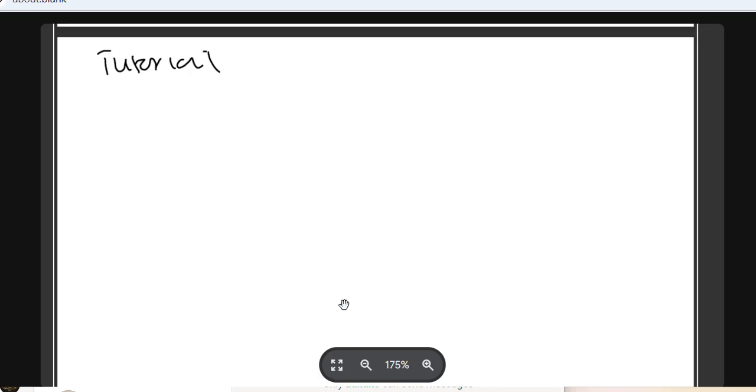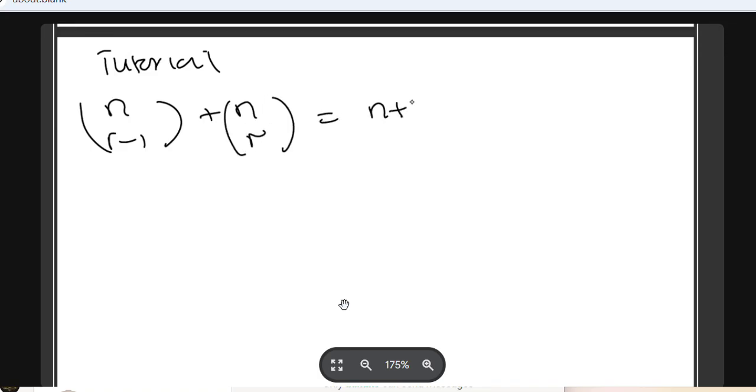I had Pascal's rule, but I didn't want to prove it for you. I felt it was not interesting. But since you've asked for it, so you are looking for the proof for n choose r minus 1 plus n choose r is equal to n plus 1 choose r, right? Right.